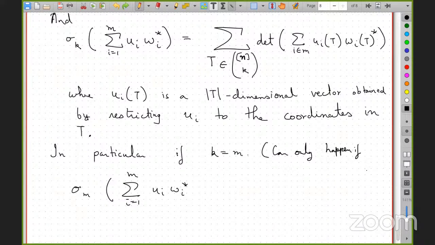This is a very special thing, right? It can only happen if m, k and n are all equal. But if they are equal, then n has to be greater than or equal to m. The point is that if I multiply things out here, this is again something that happened in the matrix tree theorem proof also. Then this just comes out.